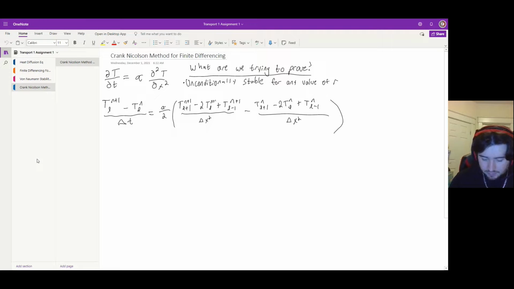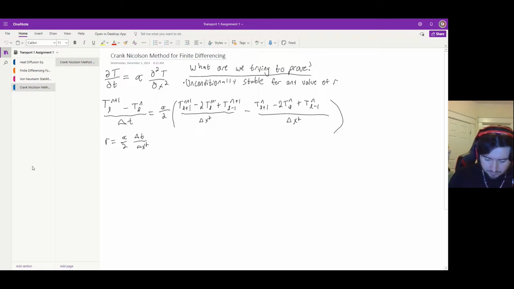And for this, I'm going to set r equal to alpha over 2 times delta t over delta x squared. So now I'm going to rewrite this equation subbing r into it.